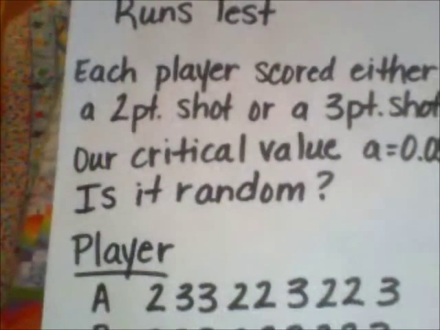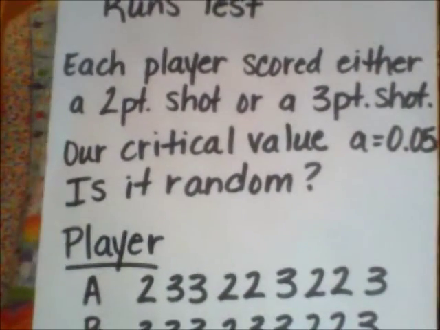Now we want to discuss the runs test. In the runs test, I'm going to use the same four NBA players. Each player scored either a 2-point or 3-point shot. Our critical value is 0.05. Is it random? Player A has 2-point shot, 3, 3, 2, 2, 3, 2, 2, 3.